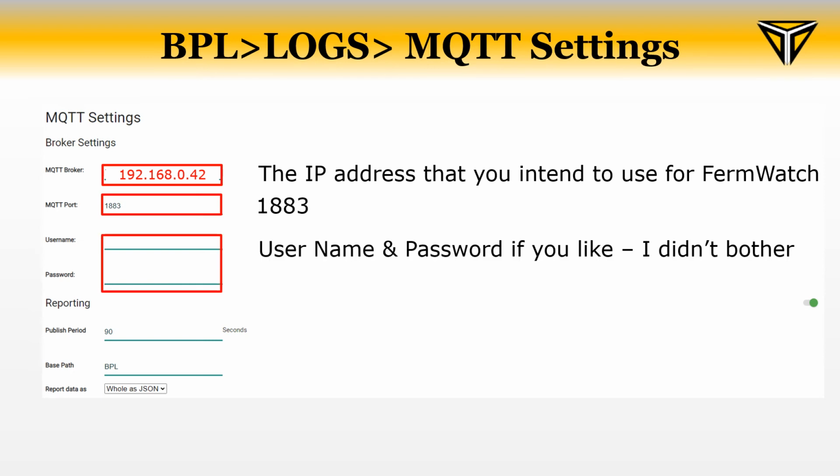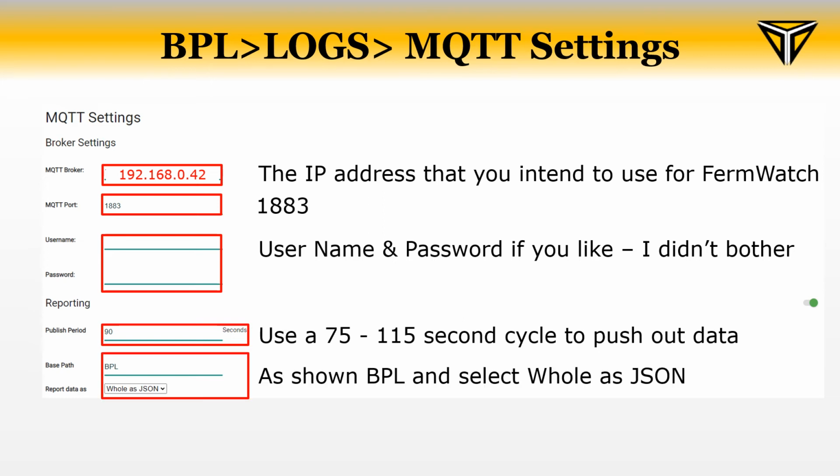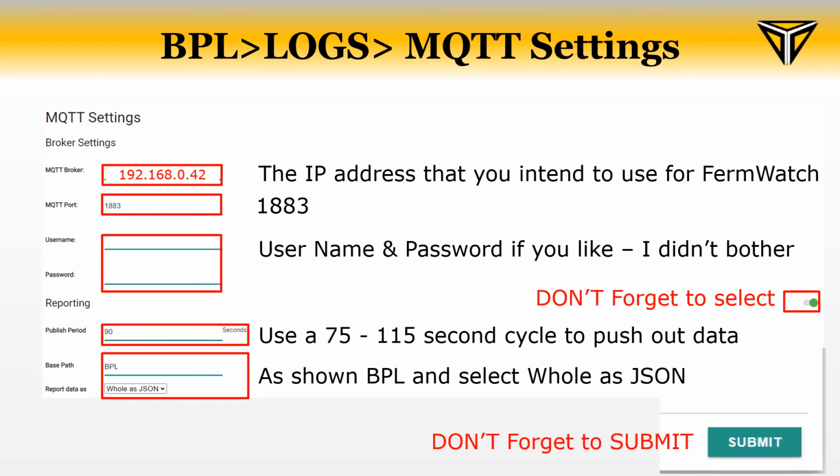I didn't bother with name and password. Put in your cycle time. This one was set for 90. Put in BrewPiLess BPL and select whole as JSON. JSONs are interesting things that I didn't know about before, but now I do a bit. Don't forget to select it and don't forget to submit.